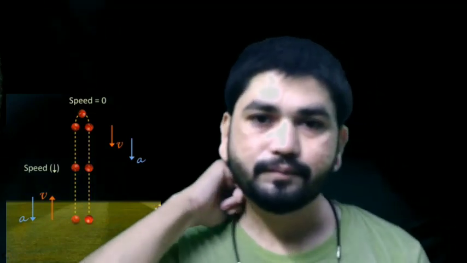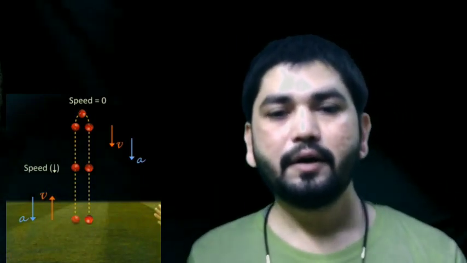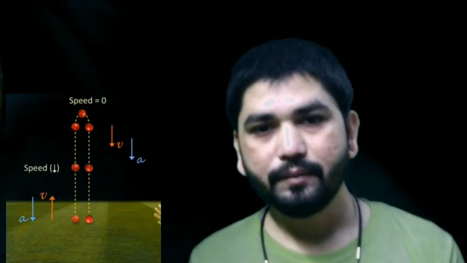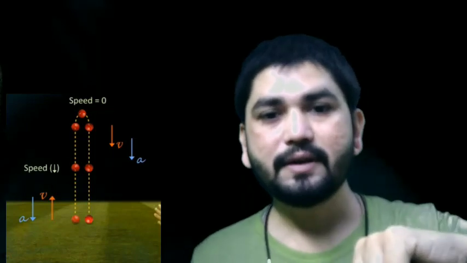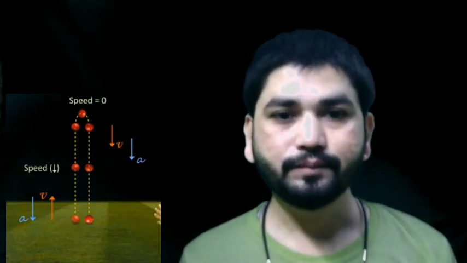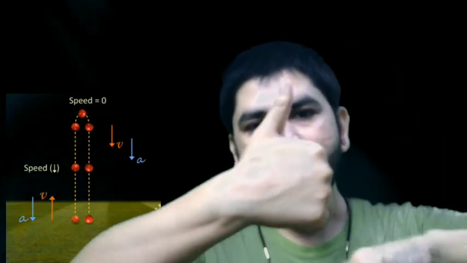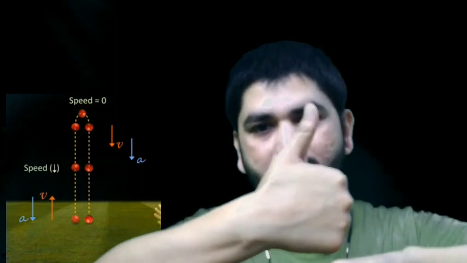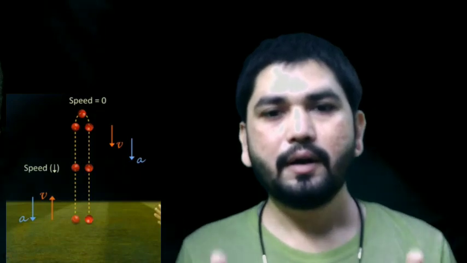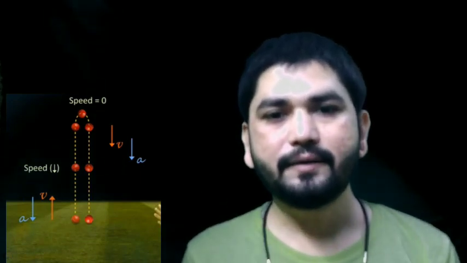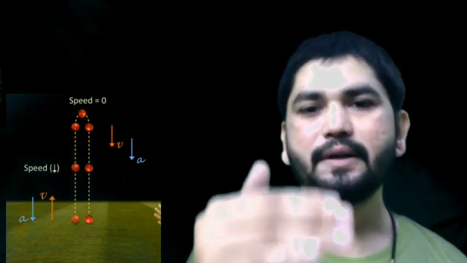Galileo told us that when the motion is accelerated, the direction of the acceleration is downward. Now, the ball is moving upward, so velocity is upward and acceleration is downward. Both are in opposite directions. That's why the speed of the ball continuously decreases.